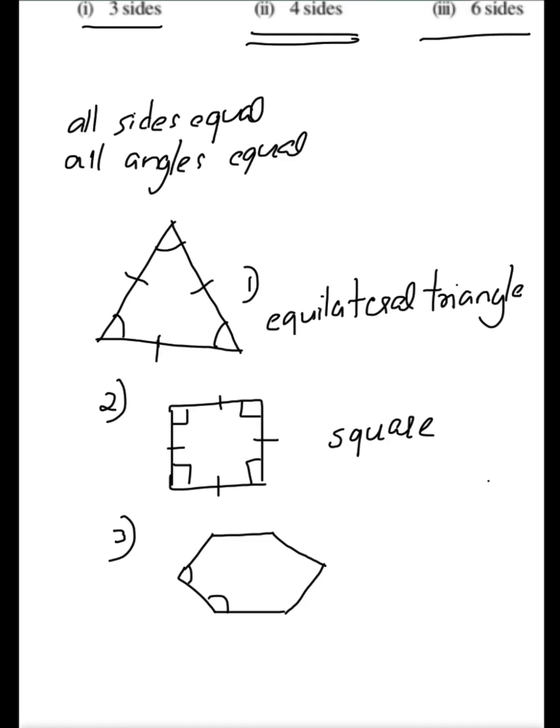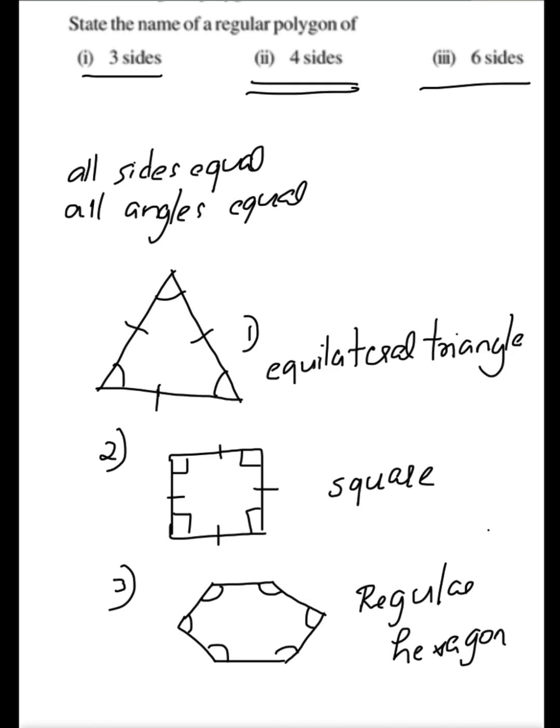There will be some mistakes in drawing, but you should draw in such a way that all sides and all angles are equal. And you can call this a regular hexagon. Hexagon means 6 sides, so the answer for the third question is regular hexagon.